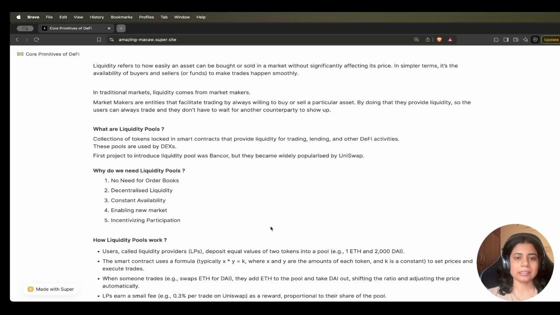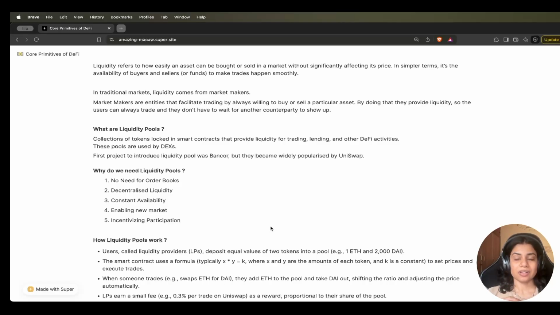In this case, a smart contract uses some formula to determine the price of each of the assets. So let's say when someone swaps ETH for DAI, they add ETH to the pool and take out DAI, which makes the supply in the pool change.